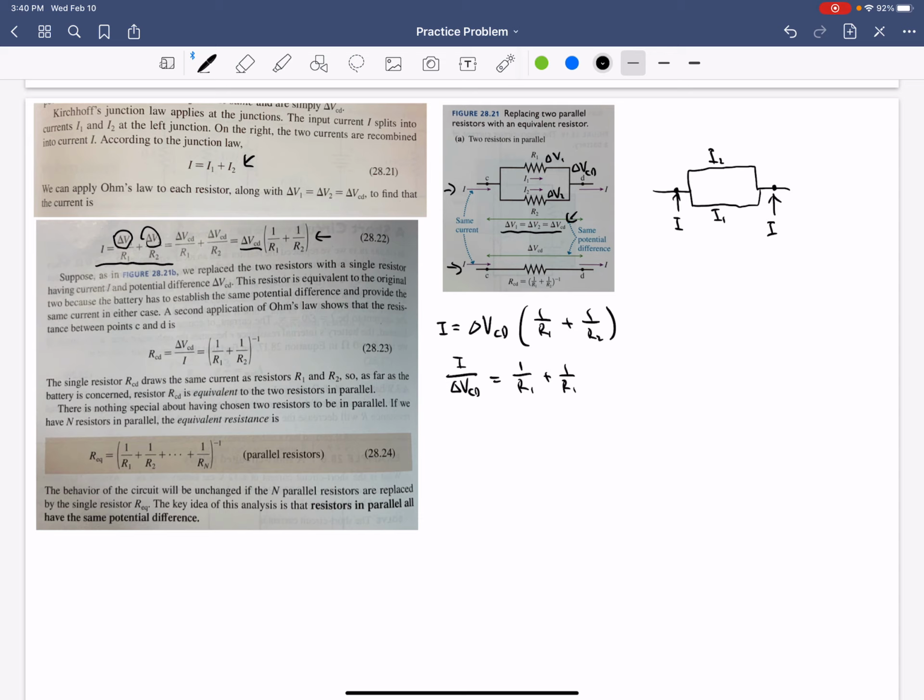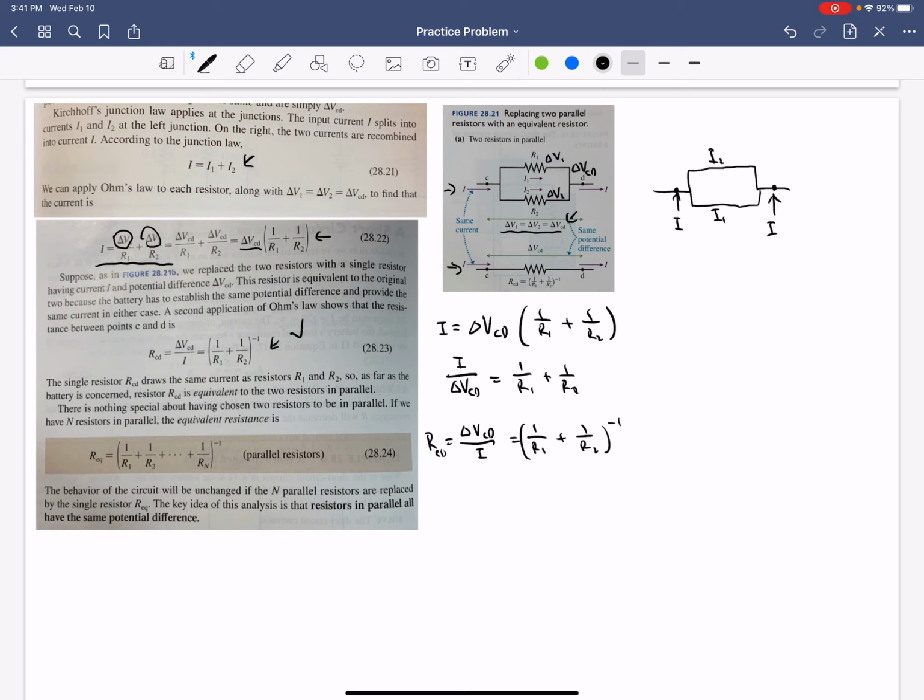And then when you flip both sides, it becomes delta VCD over I to the negative 1 power. And we know that voltage over current equals resistance according to Ohm's law.